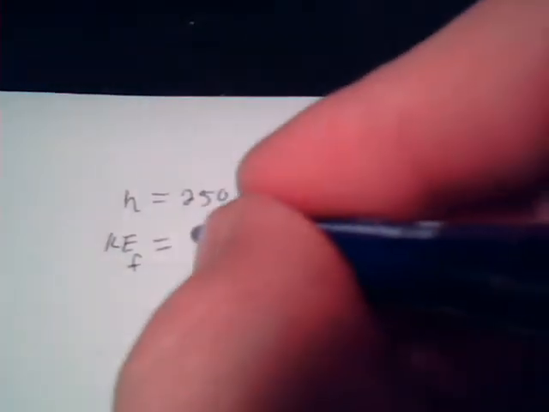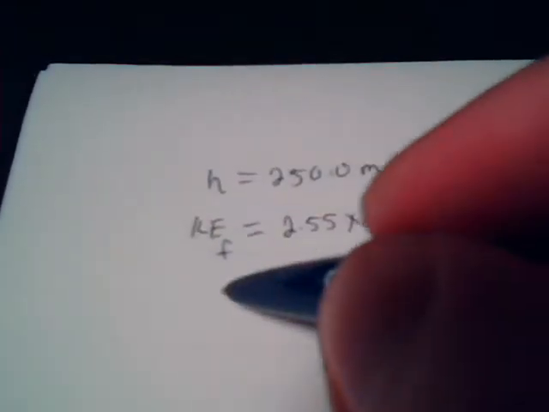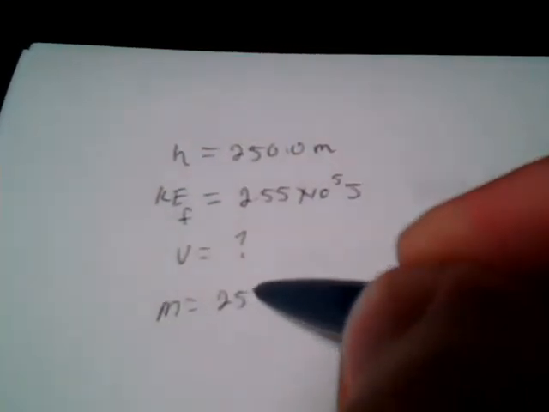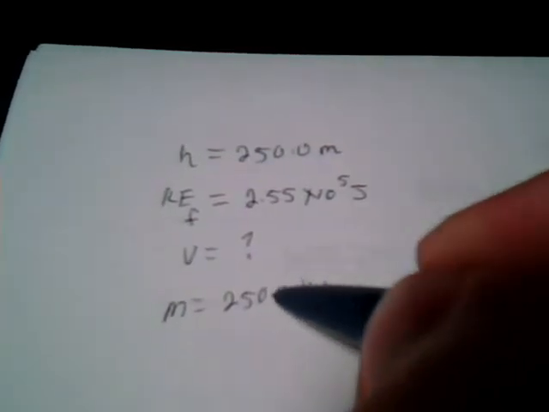So the kinetic energy for friction was 2.55 times 10 to the 5th joules. We don't know our velocity. That's what the problem is asking us to find. And then we know that the mass of the rider and the motorcycle is 250 kilograms.